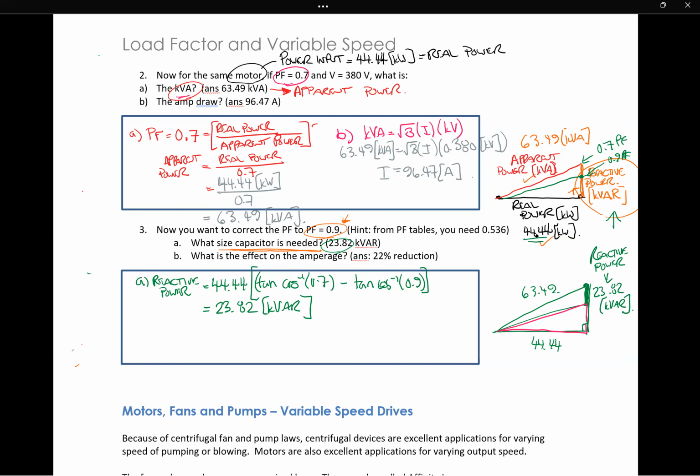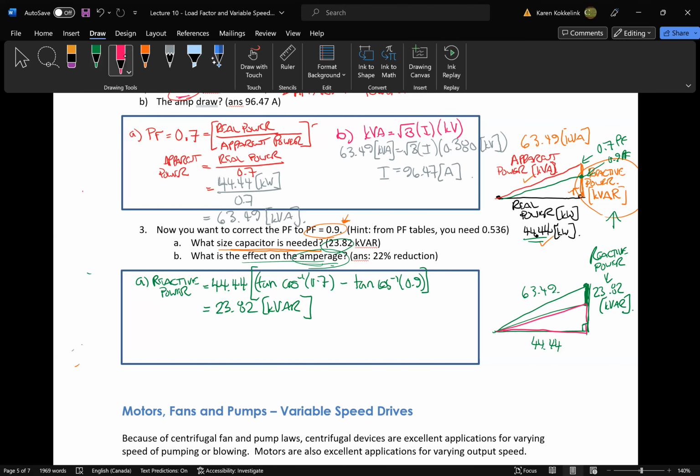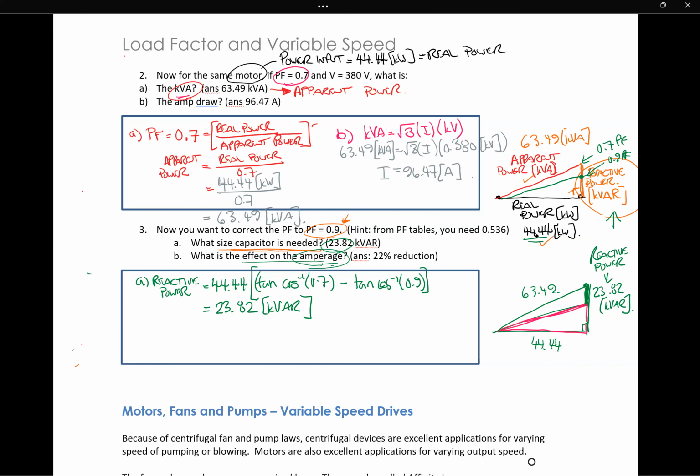And in B, what is the effect on the current? Well, we're going to have to figure out the new apparent power, right? What is the effect on the current? We would have to figure out what is that new apparent power. So that's this in the pink triangle.